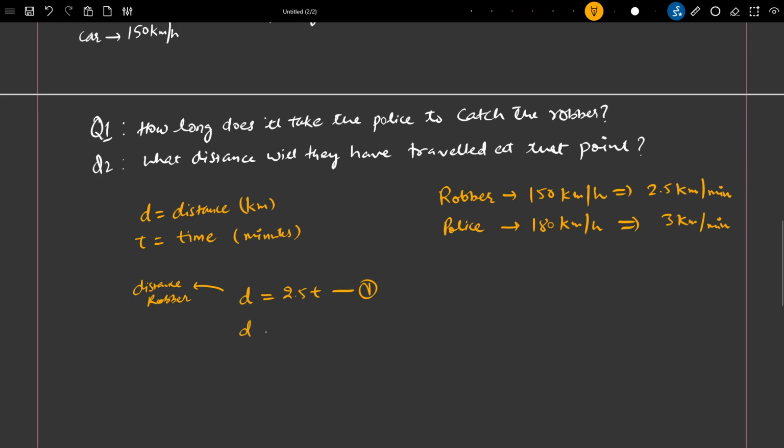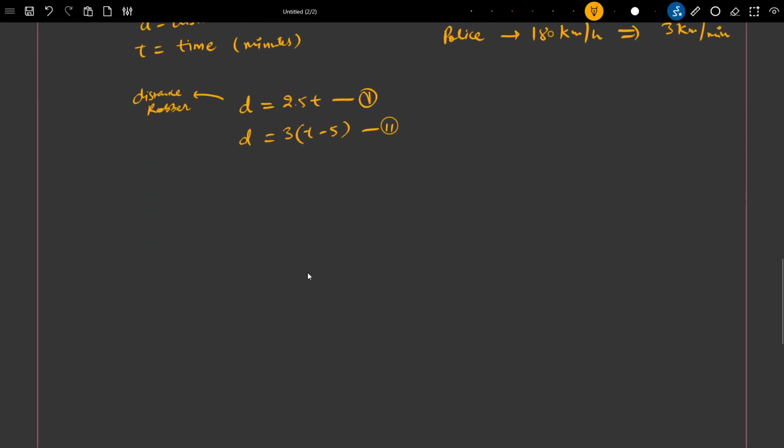And similarly, distance for the police car will be d equals 3(t minus 5), because the robber had a head start of 5 minutes. Now we have two equations. By comparing these two equations, we can solve for t. Let's say 2.5t equals 3(t minus 5), which is nothing but 2.5t equals 3t minus 15.